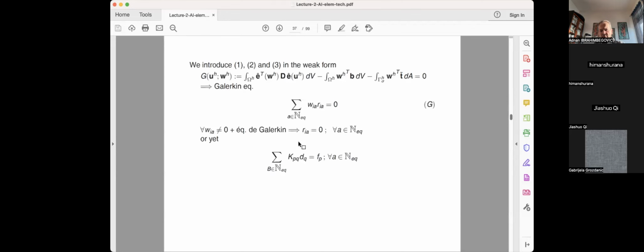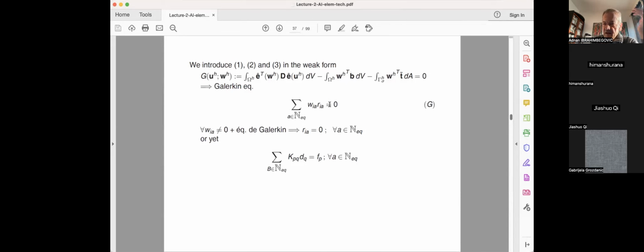So then I have a final writing of my weak form in terms of the Galerkin equation, where the virtual deformation measure times the stresses, which is the constitutive matrix times the real strains, minus the work of the external forces, has to be equal to 0.